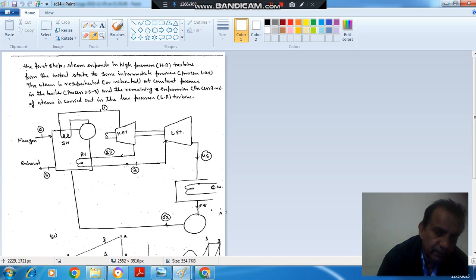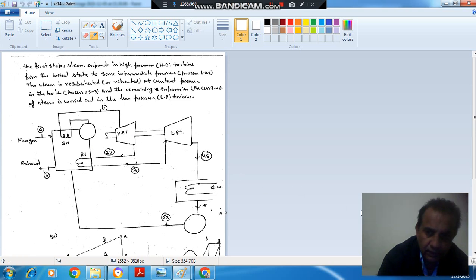After leaving the condenser at 5 it is fed to the pump where the pressure is increased to 6s, and then it is fed to the main boiler where it is heated and again fed to this high pressure turbine, and this cycle is repeated. So reheating of steam is done after the expansion in the high pressure turbine.